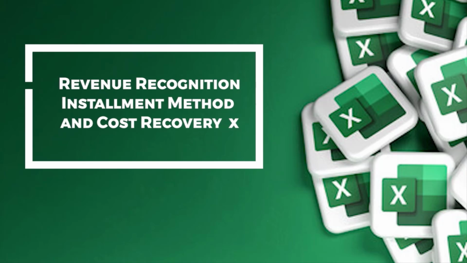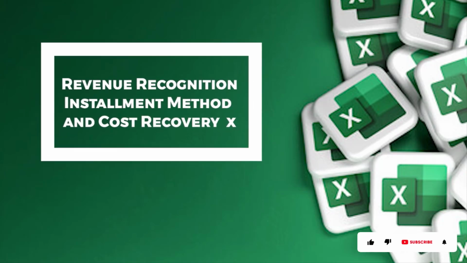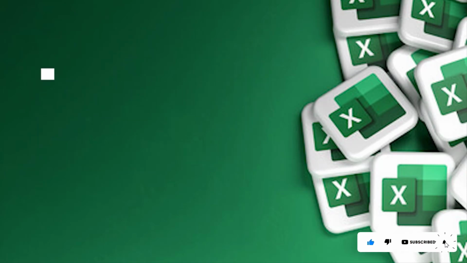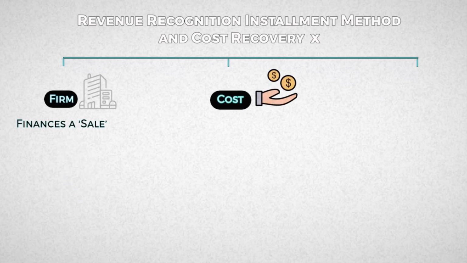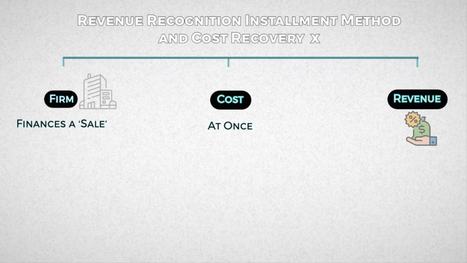So while we talk about long-term contracts and revenue recognition principles, sometimes the firm actually finances a sale. What we understand by financing a sale is that all costs are incurred at once, and the subsequent revenue flow associated with the cost will probably flow over a period of time, maybe over the next 5 years.